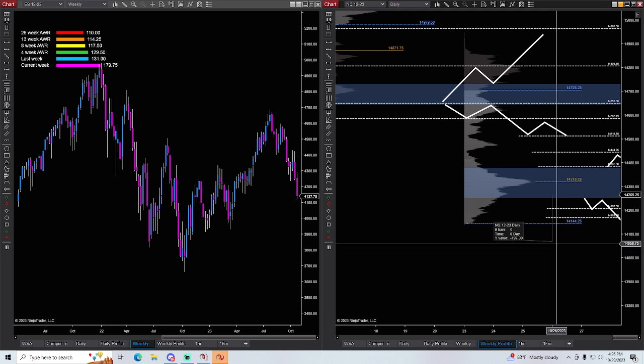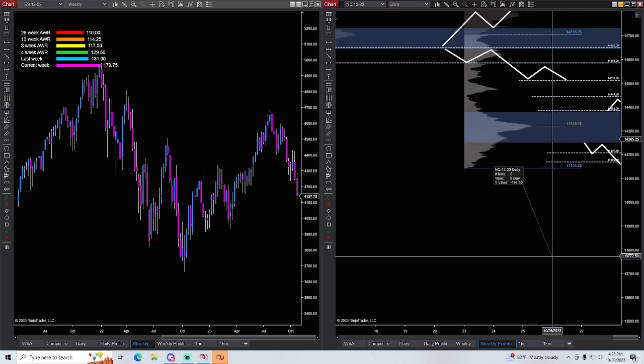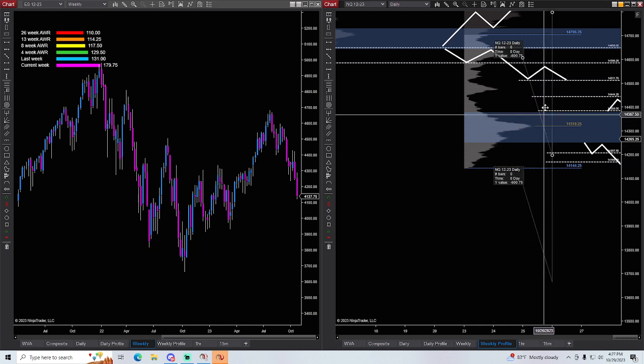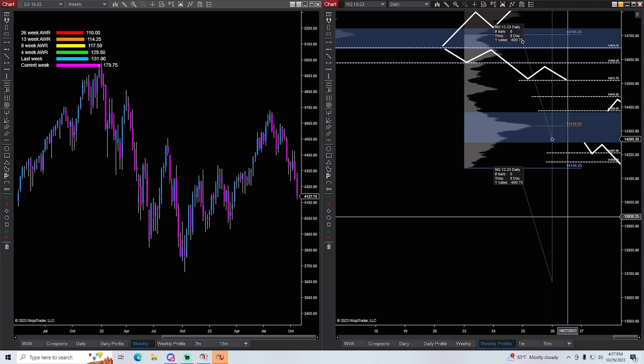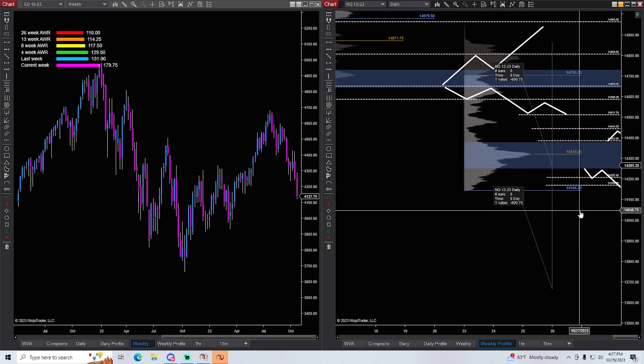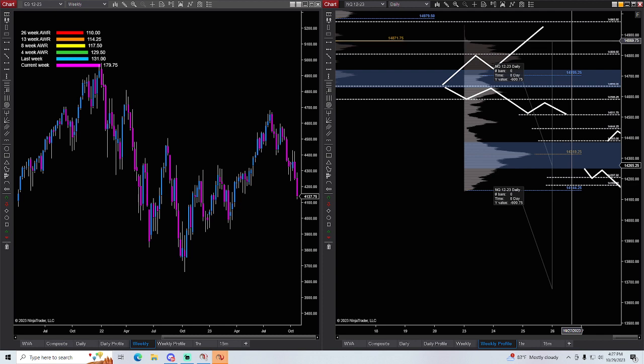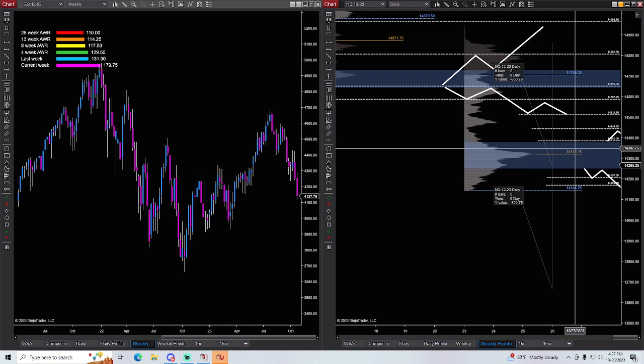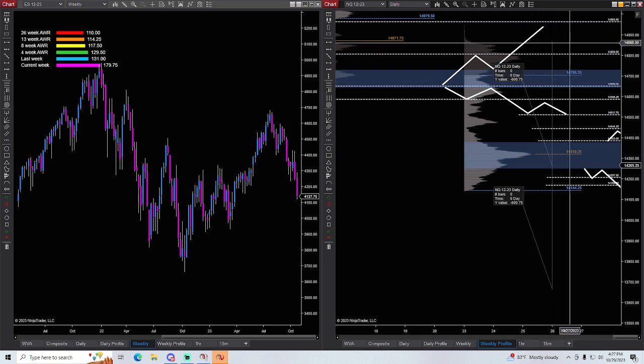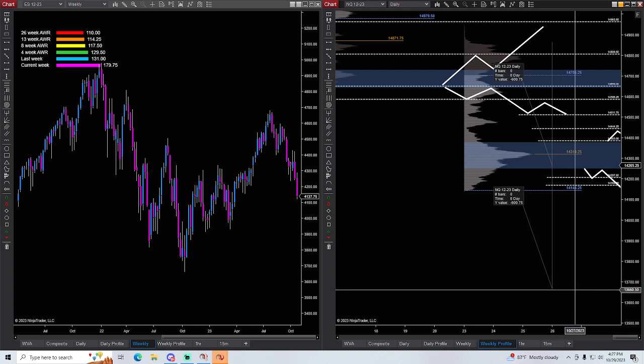Let's move this up. These could potentially be your targets. All the way back to previous week high, we do nothing but continuously move straight up, or it could push all the way down to 13,660.